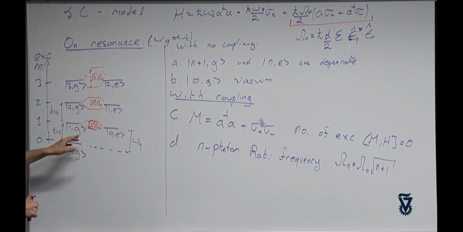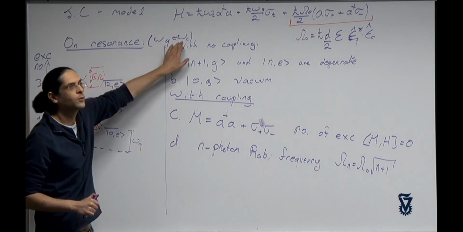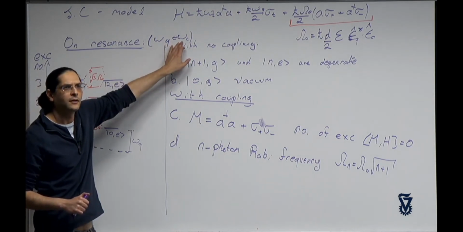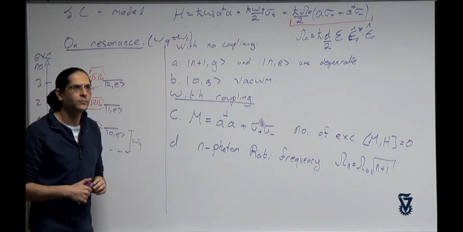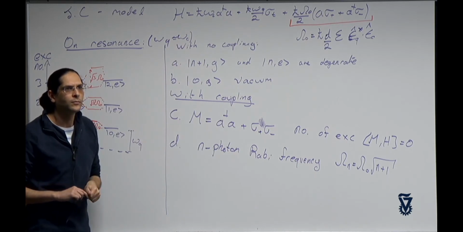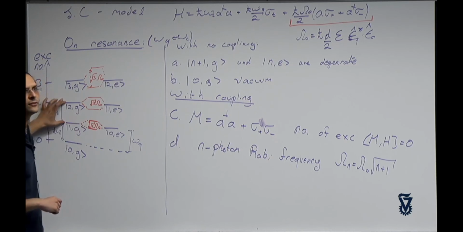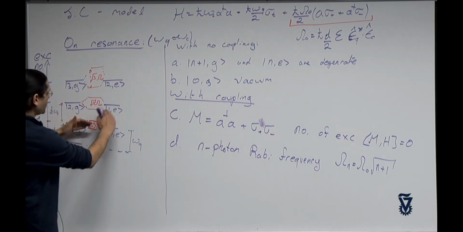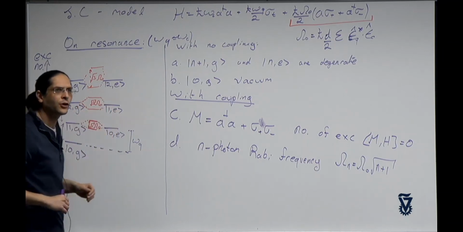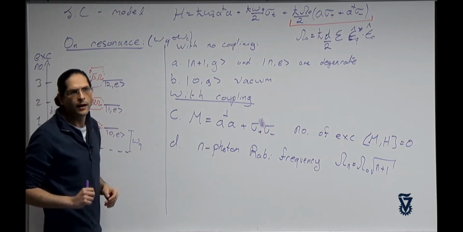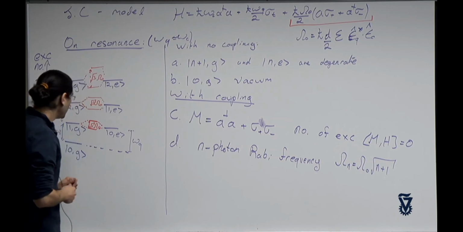We're assuming that omega naught is much smaller than omega q and omega c. So there is no new degeneracy because of the splitting, right? Exactly. This splitting is tiny with respect to this. Okay, thanks. Okay, so there is no interaction, and there are no other terms that can couple these levels.